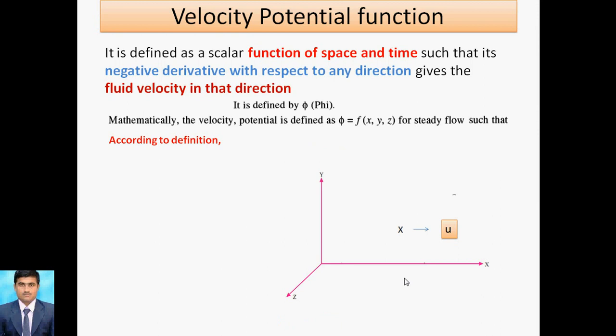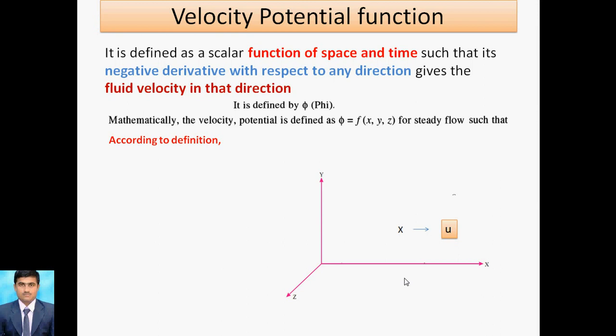As we know, the function phi depends on space and time, and if you take the negative derivative with respect to any direction, that is x, y, and z, it gives the fluid velocity in that direction.